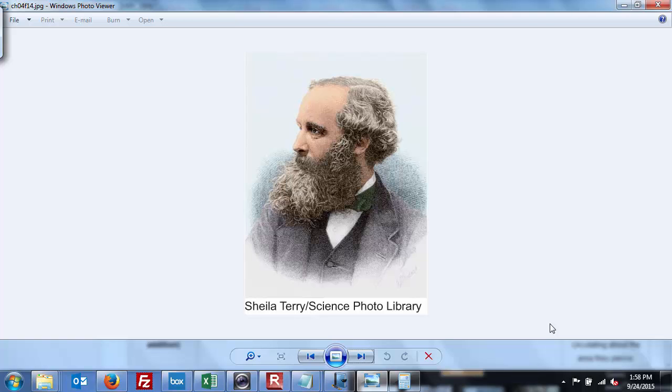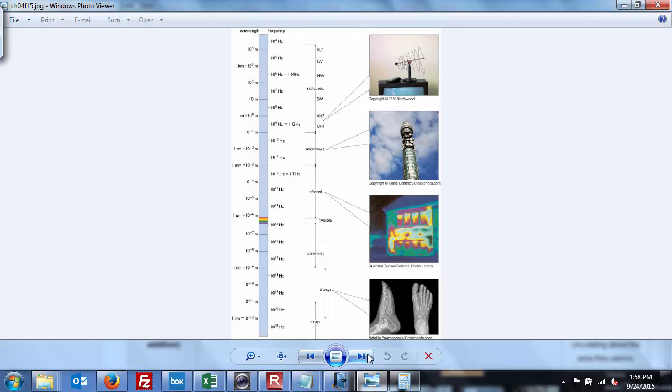And I certainly want to show you Planck as well. So, electromagnetic radiation. We talk about this in more detail in 102, but the sun emits at really all of these frequencies.